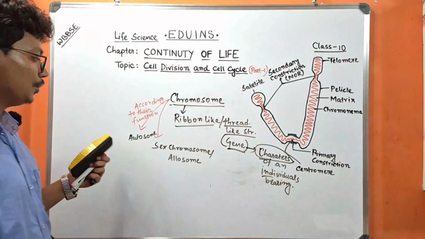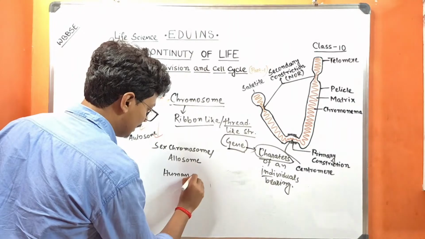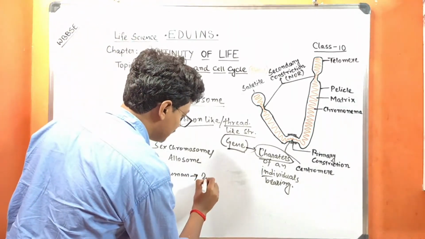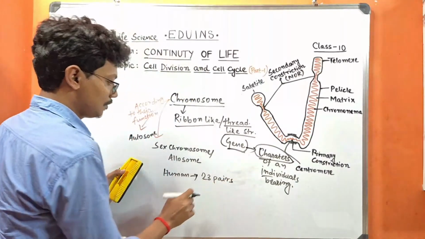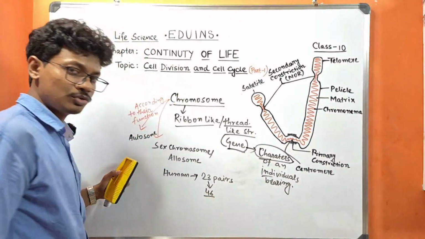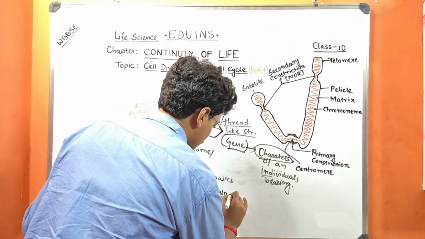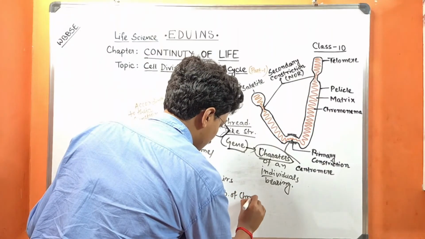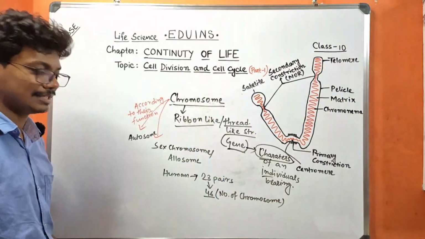We know that in humans there are 23 pairs of chromosomes. How many? 23 pairs means 46 chromosomes. The number of chromosomes is 46.